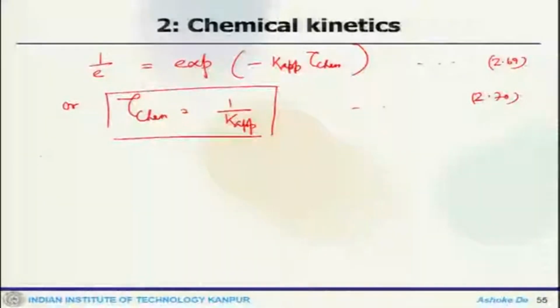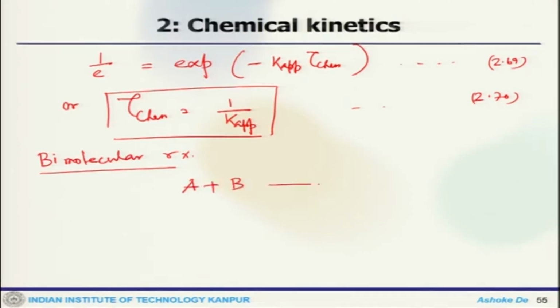Now we look at what happens for a bimolecular reaction. Here we have A plus B forms C plus D. This is what we have taken earlier, and that would be the K bimolecular coefficient.